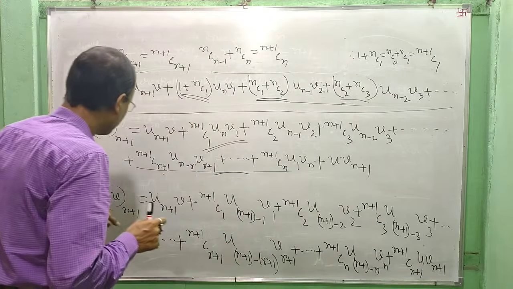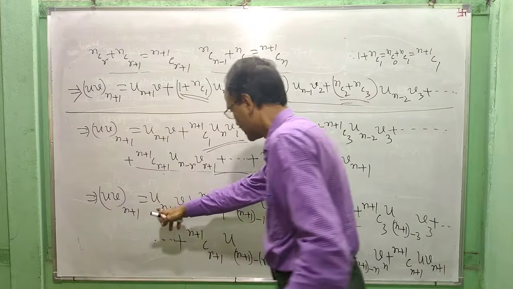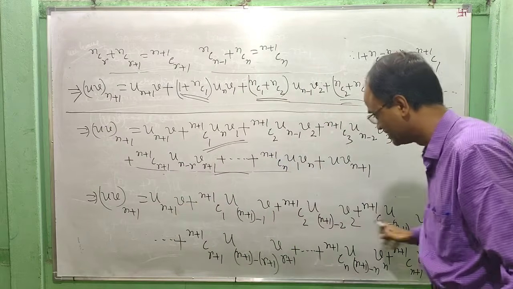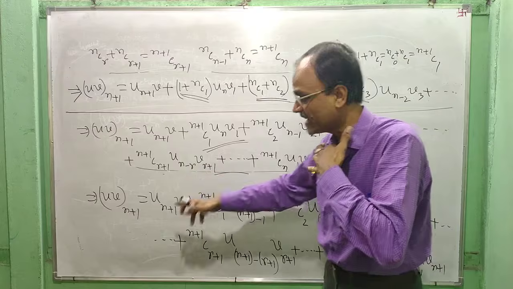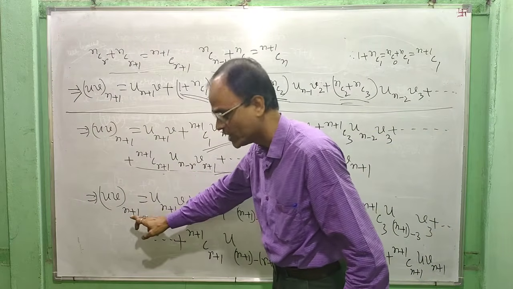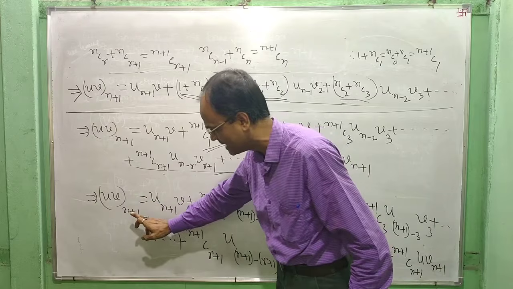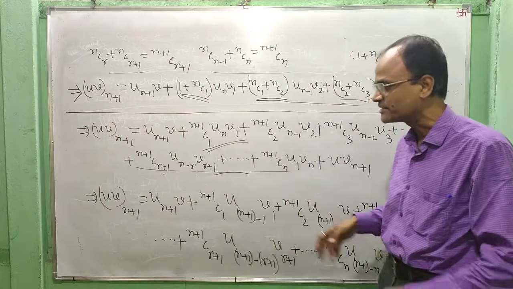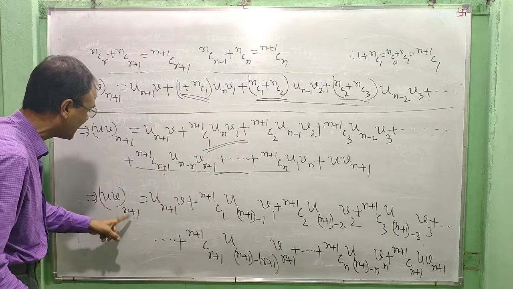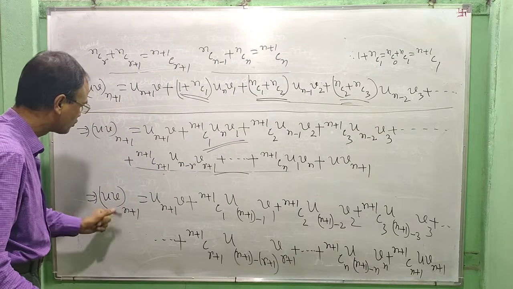Now notice this step. In the Leibniz theorem, n is replaced by n plus 1 on both sides.